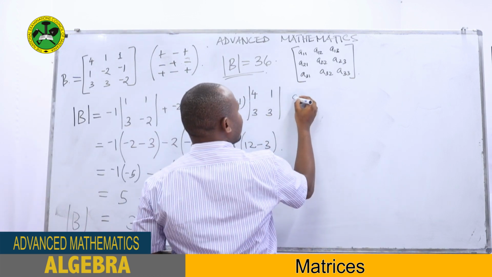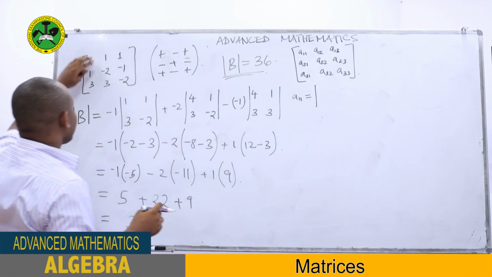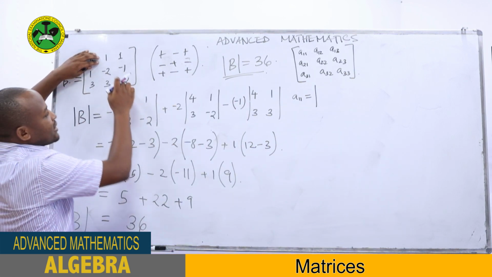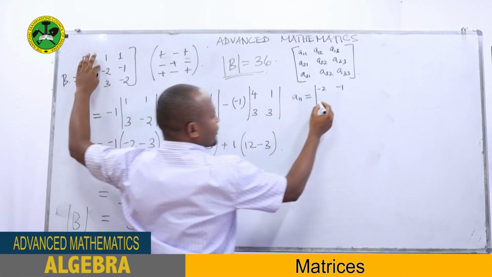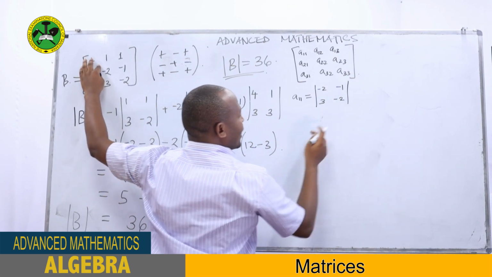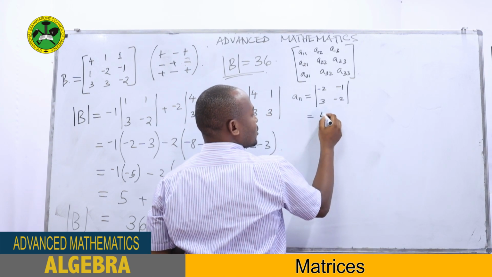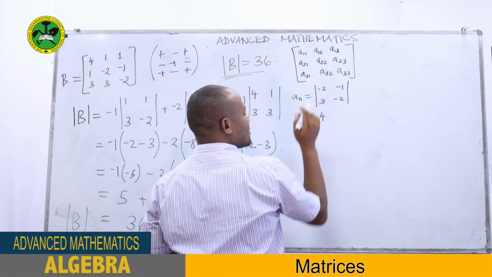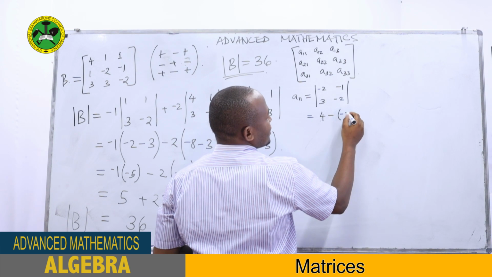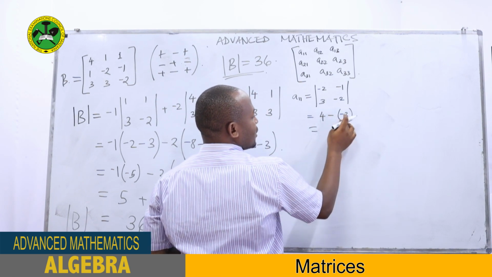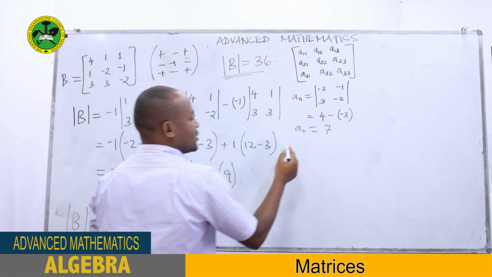The determinant of, that means we are left with negative 2, negative 1, 3, negative 2, and we can find the determinant of that. It equals 4, negative 2 times negative 2 equals 4, minus 3 times negative 1, which is negative 3, and if you manipulate that, it is 7. That means A1,1 equals 7. Now let's see A1,2.